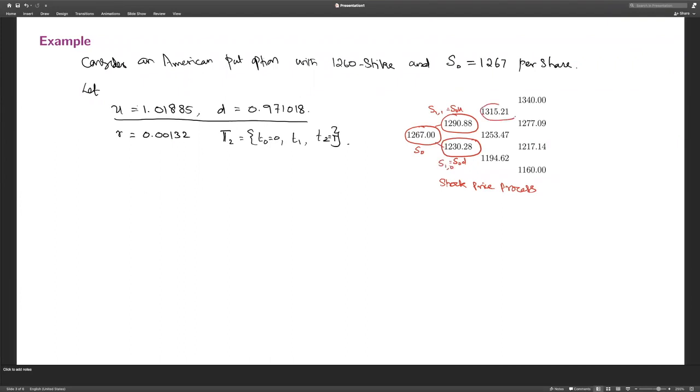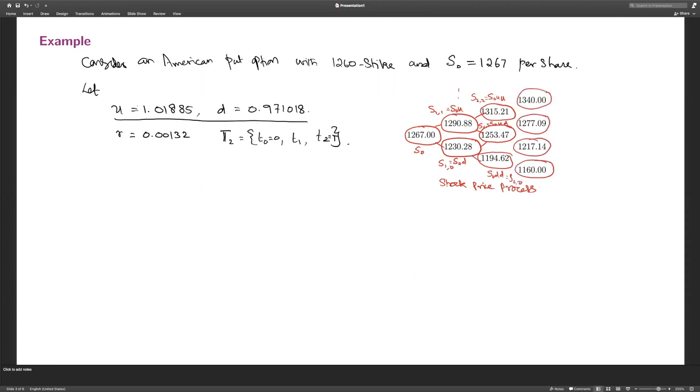And similarly, this we have as S_0 UU, which is S_2^2, and this is your S_0 UD, which is your S_2^1, which is also S_0 DU, and this is our S_0 DD, which is S_2^0, and similarly at time level.